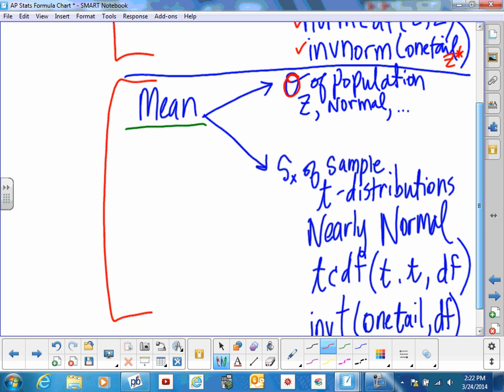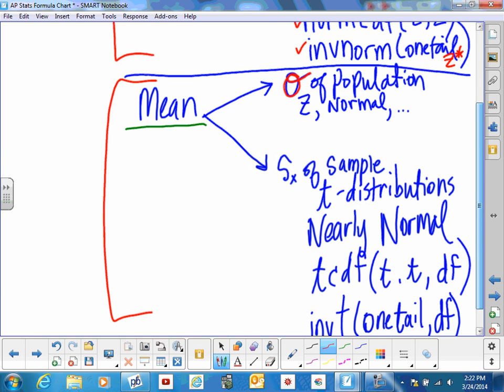If you have the standard deviation of the population, which rarely happens, I have not shown you this, I have not had you do this, and I will tell you that it's not going to be on the test tomorrow just because I'm not throwing that little thing in there yet, okay?